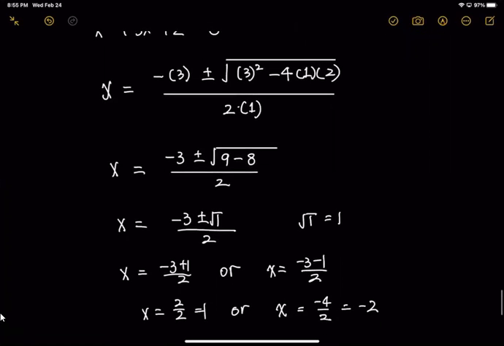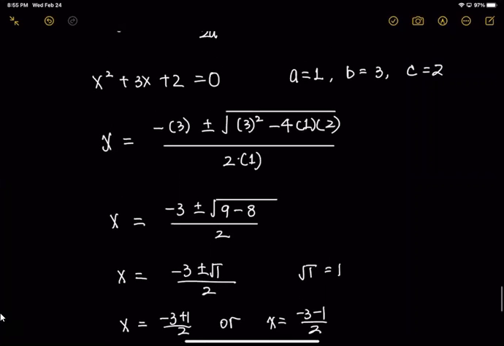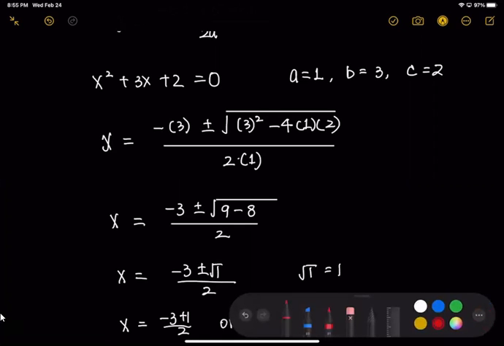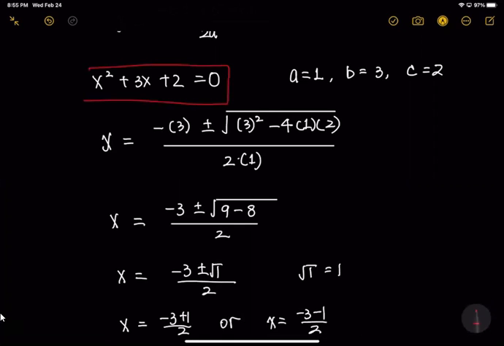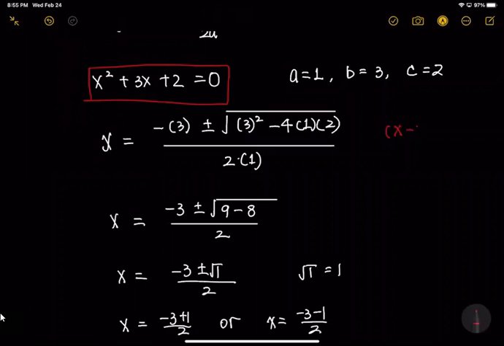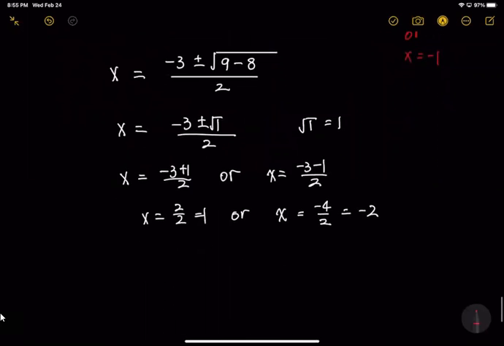Is that good? Okay, if you look back at the function, maybe you will say, oh, I can just factor it. So look, x plus 2 times x plus 1. That's the AC method. So x is either equals to negative 2 or x equals to negative 1. Well, we end up to have the same solution.